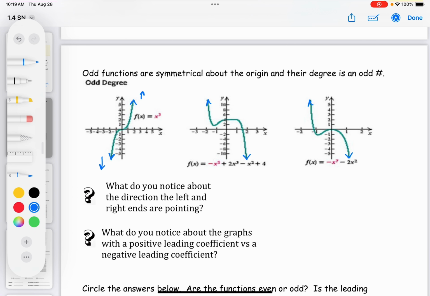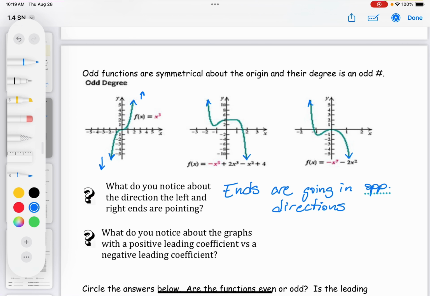The thing we notice here is that the ends are going in opposite directions. For an even function with an even degree, they were going in the same direction. For an odd function with an odd degree, they're going in opposite directions. That's a key clue right there.